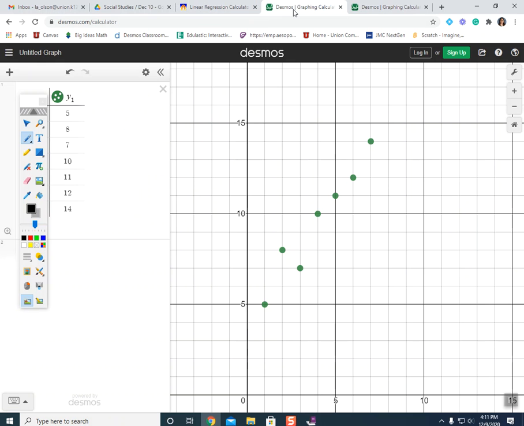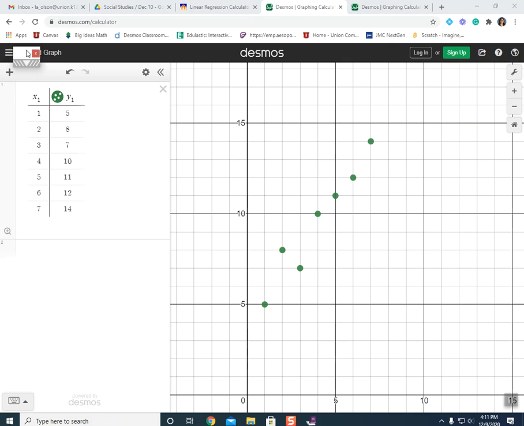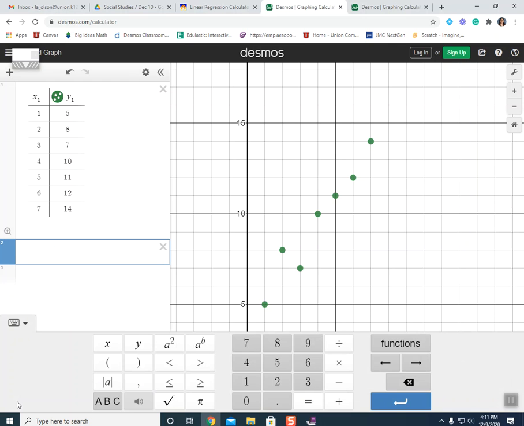We're going to go ahead and look at what that looks like here. So here is my scatter plot. These are the points that we created. We're going to go ahead and type in the equation that we were working with. So we've got y equals 1.5x plus 3.5.